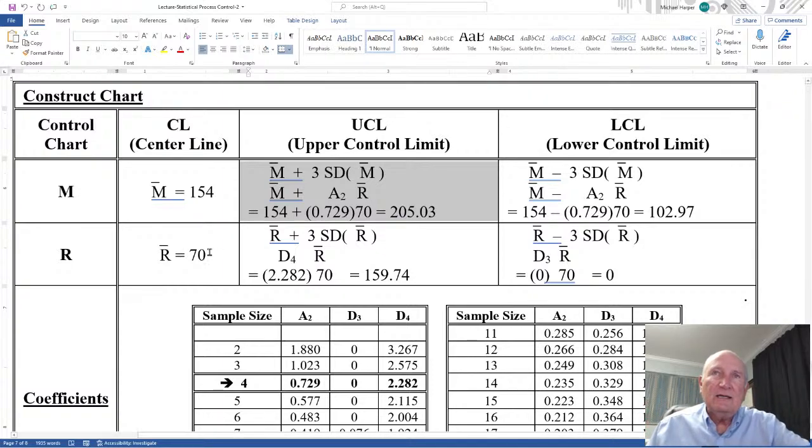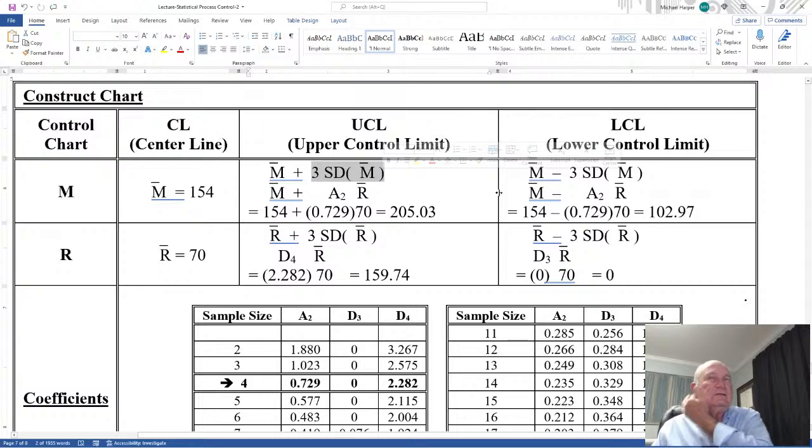So we want to use R bar, because that's what we have available. We still want to define 3 standard deviations of M bar, because that's the definition. So the question arises: if we're using R bar instead of standard deviations of M bar, what do we multiply R bar by in order for that number to estimate 3 standard deviations of M bar?